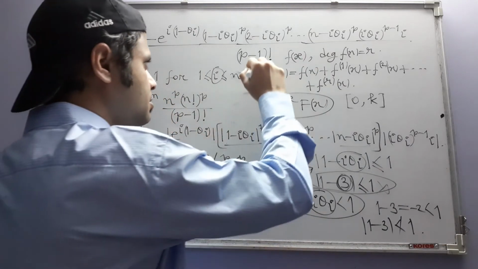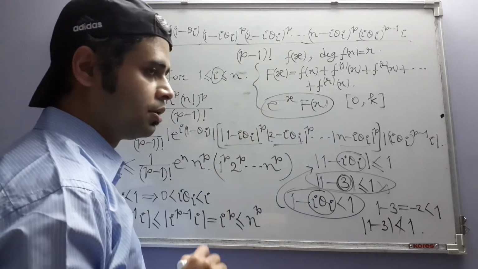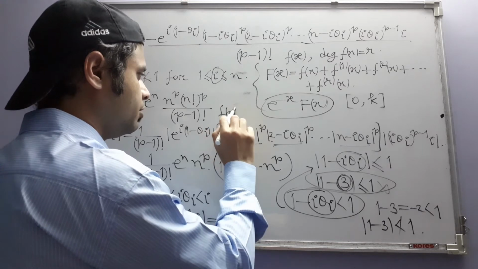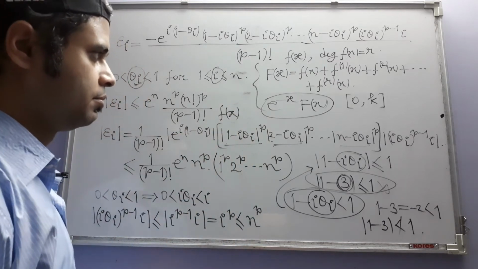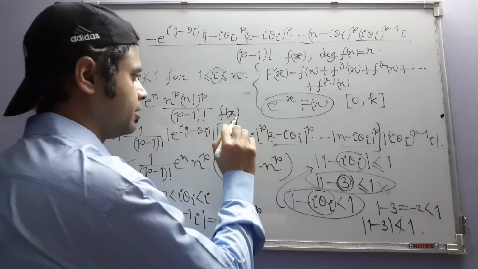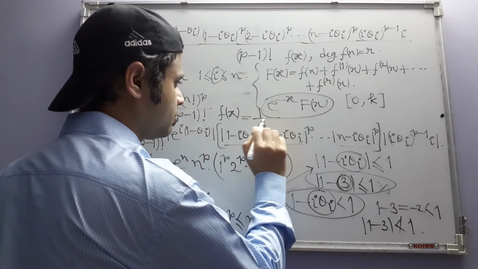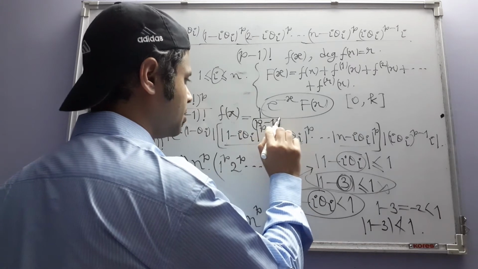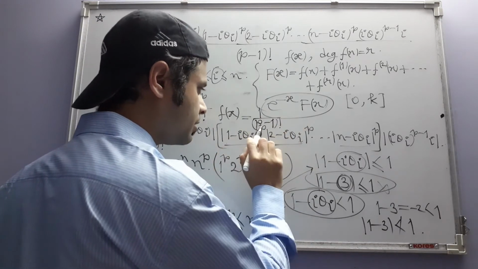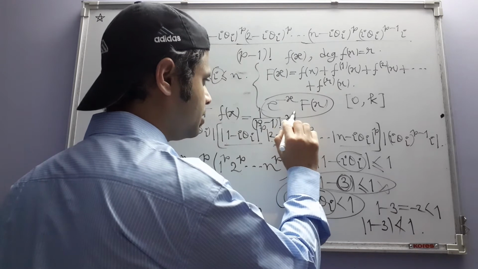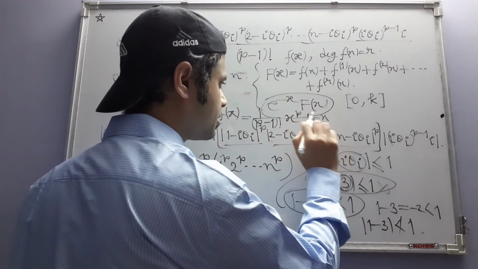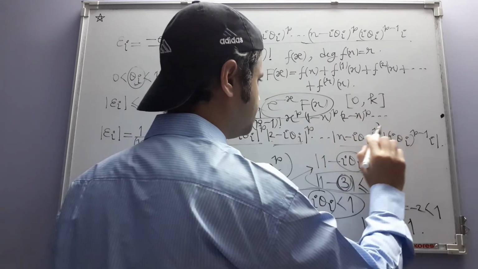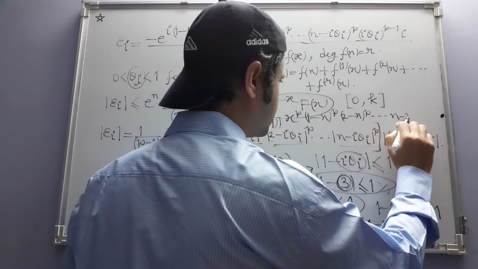But this is only the beginning of the proof. What we then did, we considered a specific polynomial which looked something like this: 1 divided by p minus 1, I don't remember whether we had factorial here itself or not, but we had something like this: 1 minus x to the power p, 2 minus x to the power p, etc., maybe n minus x to the power p.